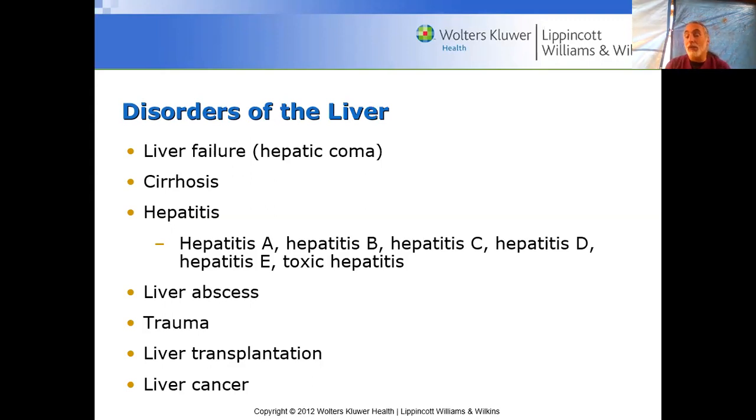Now, keeping in mind that while you gain liver function back, and this is also an organ that you can transplant part of, and it will regenerate. It's really kind of cool that way. But keeping in mind, like any other transplant, it is foreign tissue.